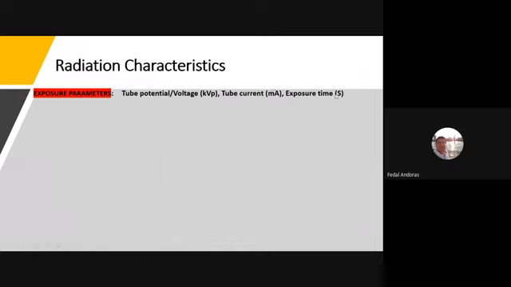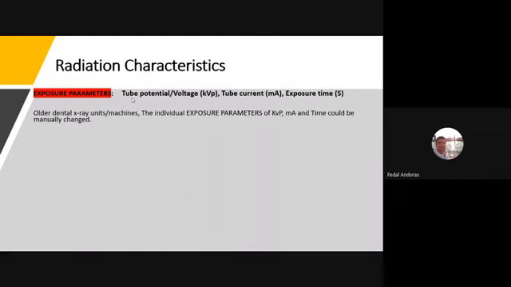And exposure time, the unit is second, but what you use in the dental radiology is the milliseconds. So whenever you hear about exposure parameter, it means tube voltage, tube current, and exposure time. All three of these together are called exposure parameters.